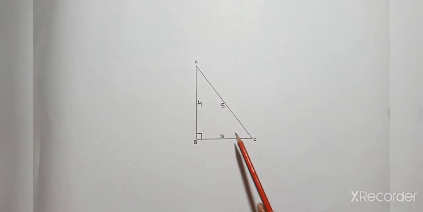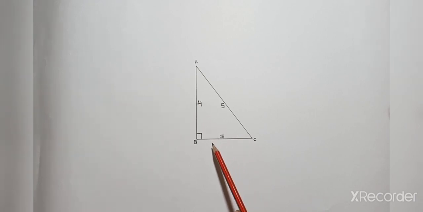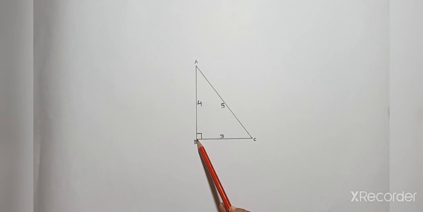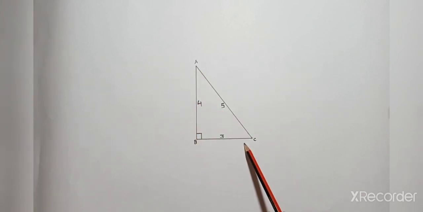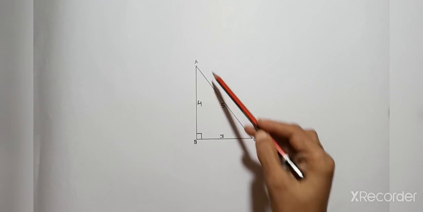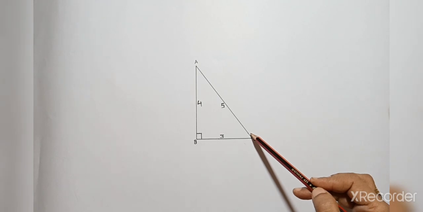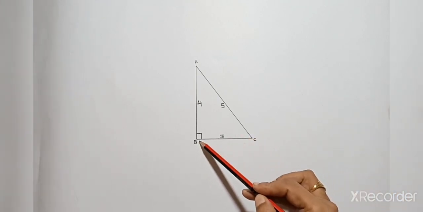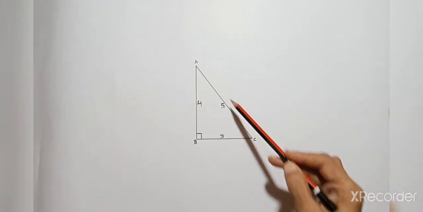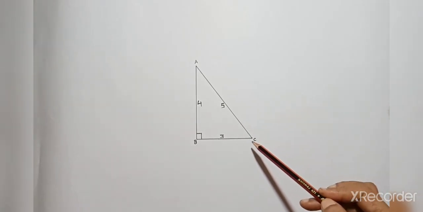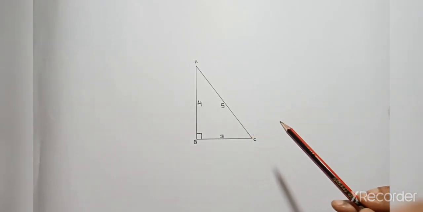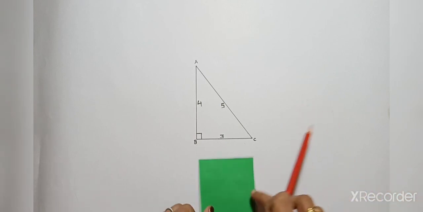So you will draw a right angle triangle like this, and then you can see here it is right angle at B, and AB and BC are called as the legs of the right angle triangle. And AC, which is the longest side and it is just opposite to the right angle, it is also called as hypotenuse.